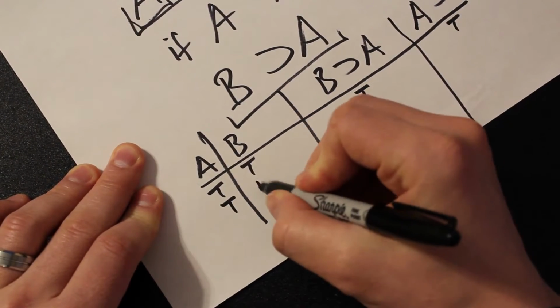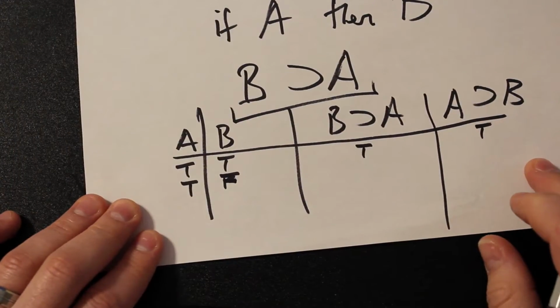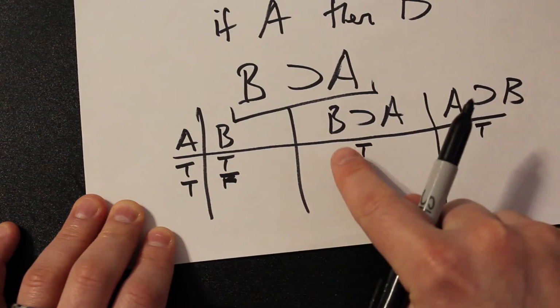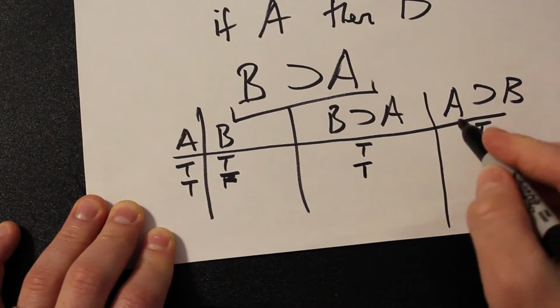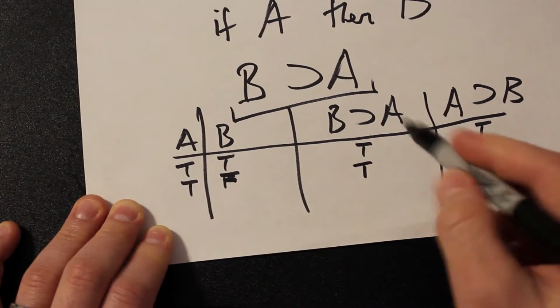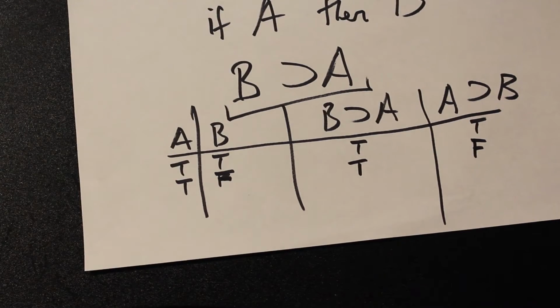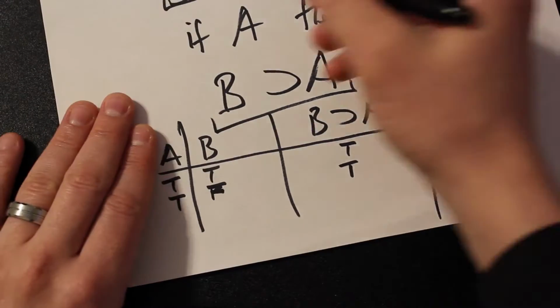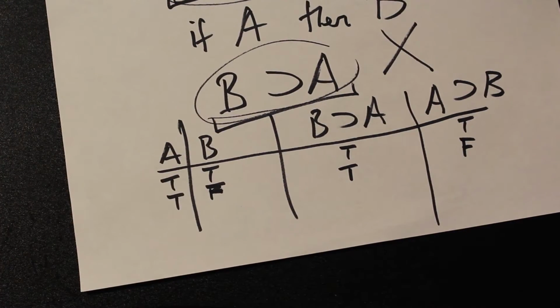When A is true and B is false, since I have a false implying a true, this is true. But since this happens to be a true implying a false, it is false. So it breaks down. Because of that, we know that A implying B is not the same as B implying A.